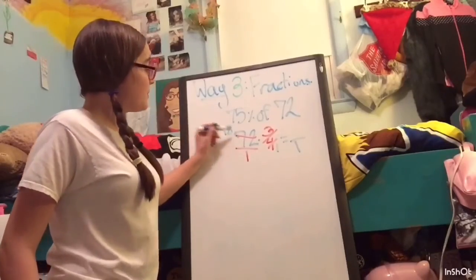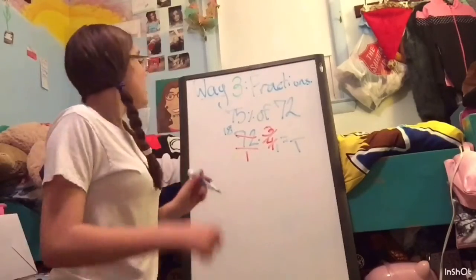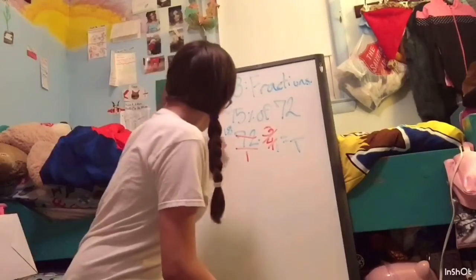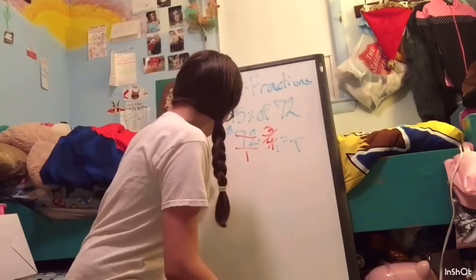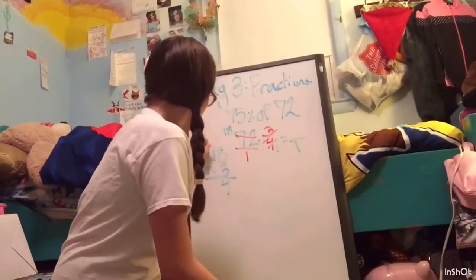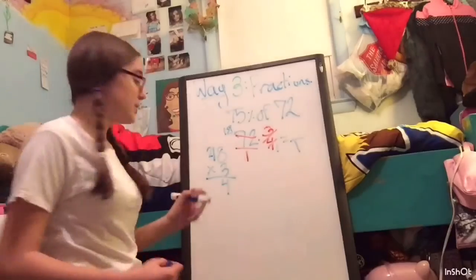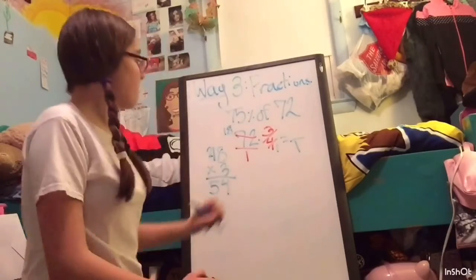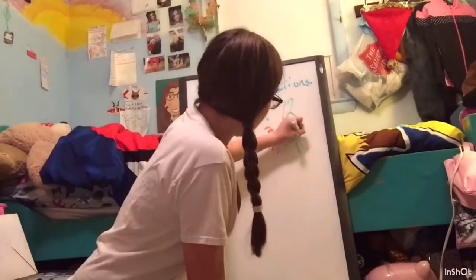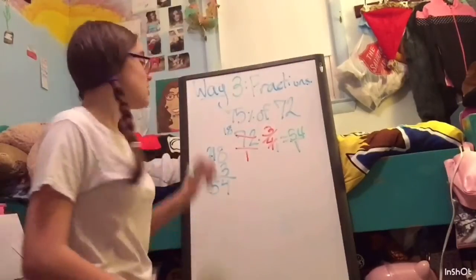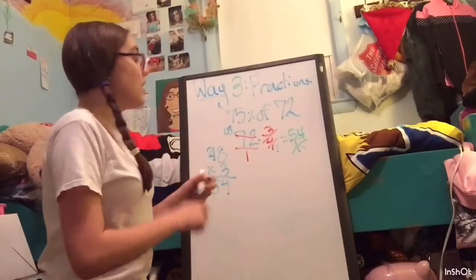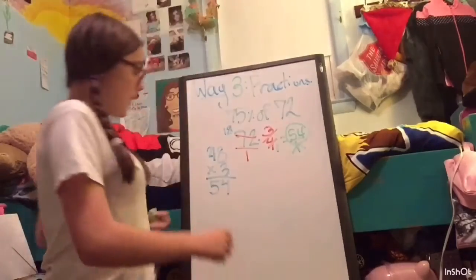The top is numerator, the bottom is denominator. 18 times 3 is 54, and just to double check, 8 times 3 is 24, carry the 2, 1 times 3 is 3, plus 2 is 5, so 54. So we have 54 over 1, and just like the zeros in decimals, we can cross out that 1 because it doesn't matter. So, our answer, 54.